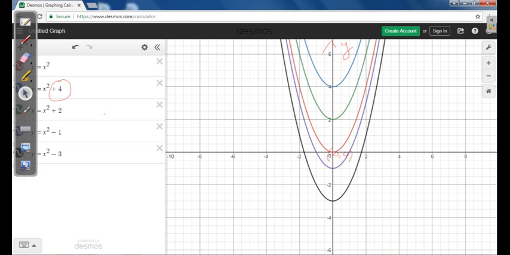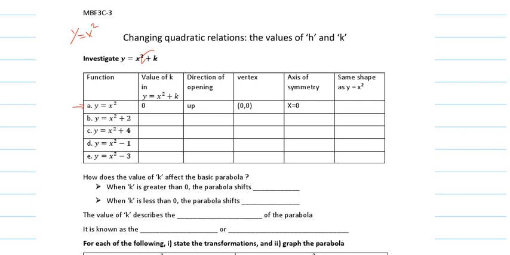If you're going to fill out this table, let's fill out the first one together. So y equals x squared plus 2. What is the value of k? Remember, k is added to the x squared. So the value of k here is 2. Which direction was the graph opening? Up. What was my vertex? (0, 2). What's the axis of symmetry? x equals 0, right? It doesn't change the axis of symmetry.